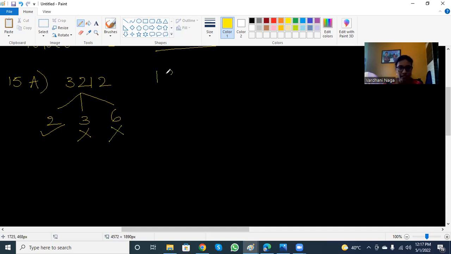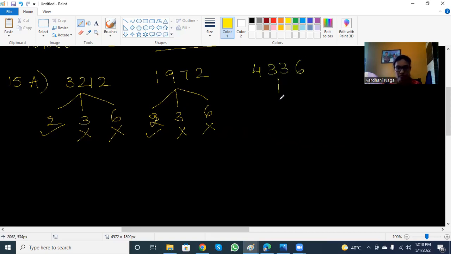Next number, 1972. We need to check 2, 3, 6. Is it divisible by 2? Yes. Is it divisible by 3? Add 9 plus 1, 10. 17, 18, 19. 19 is not a multiple of 3, so it's not divisible by 3. So it's not divisible by 6 also. Another number, 43336.